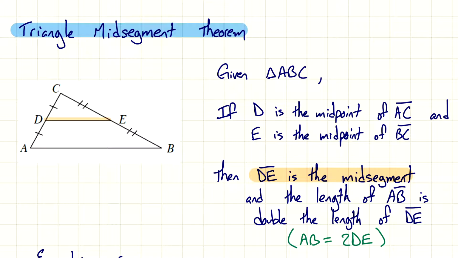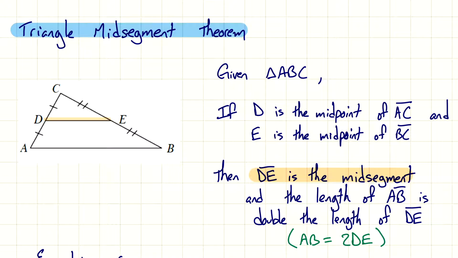How are these related? These are not the same length, right? But the length of AB, the bottom, is double the length of DE. So if I know what DE is, then I know what AB is. AB is equal to twice the length of DE.